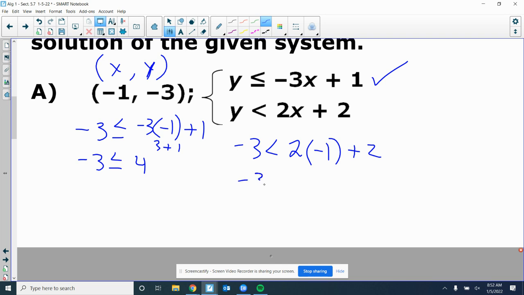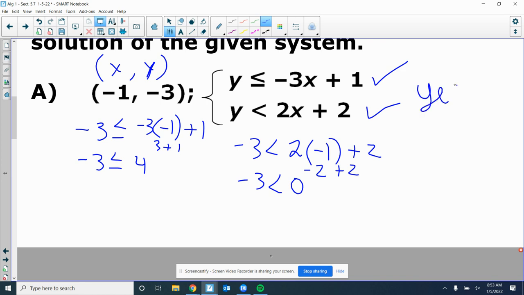So I got -3 is less than. What's 2 times -1? -2. You act like you're guessing. I am. What's -2 plus 2? 0. Is -3 less than 0? Yes. So guess what, guys? This point is a solution to the system.